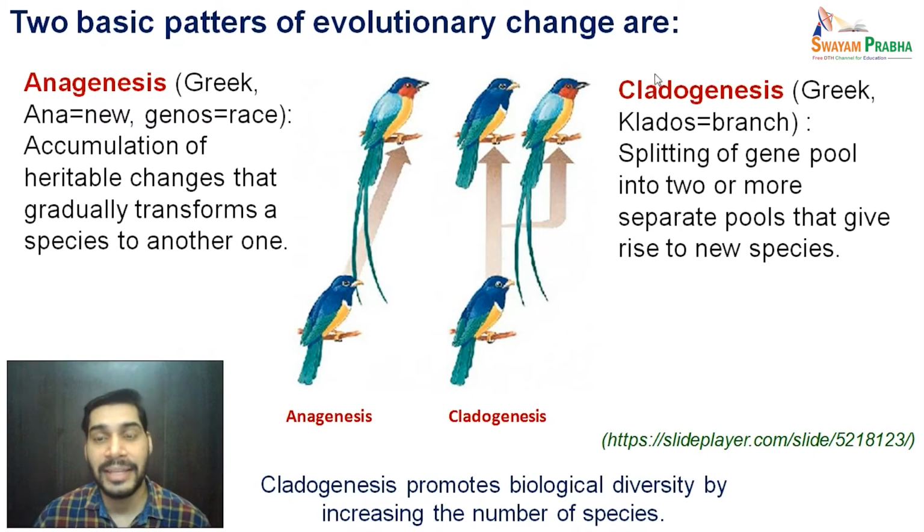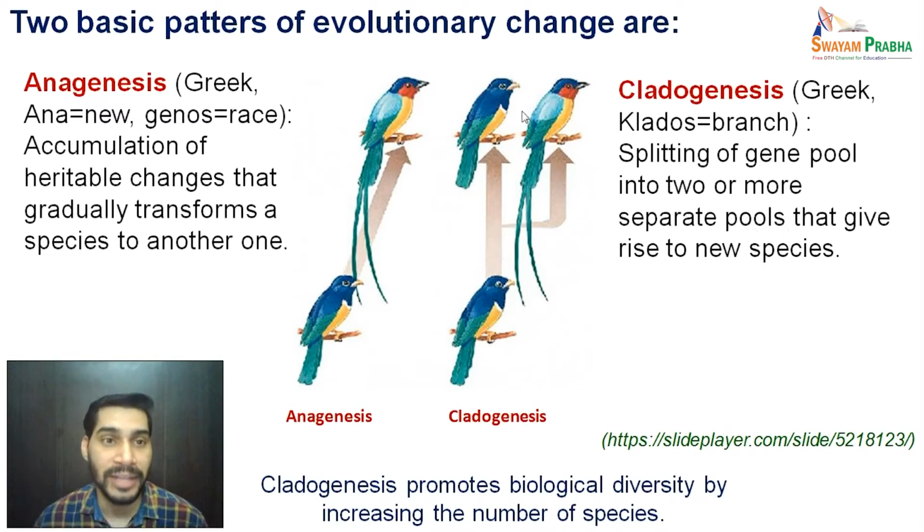In contrast, there is a phenomenon which is called Cladogenesis. The word Cladogenesis comes from a Greek word where klados means branches. Here the splitting of the gene pool takes place. The existing gene pool gets split into 2 or more separate pools, and these separate gene pools give rise to new species.